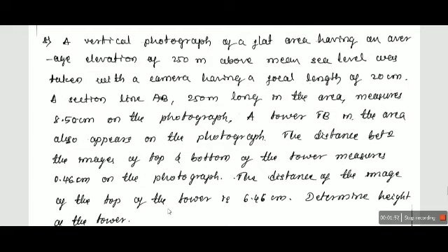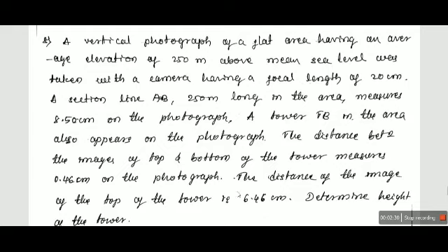In this problem, they have not given capital H, the height of the flight or height of the camera from the datum. But the area is 250 meters above the mean sea level, and f is given. This is the ground distance and this is the map distance with respect to line AB. The tower TB distance on the photograph is 0.46 centimeters, and the distance of the image of the top of the tower is 6.46 centimeters.